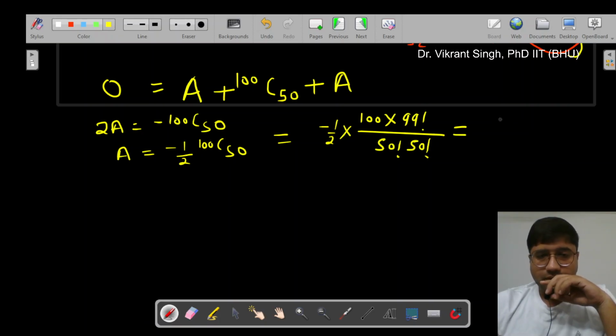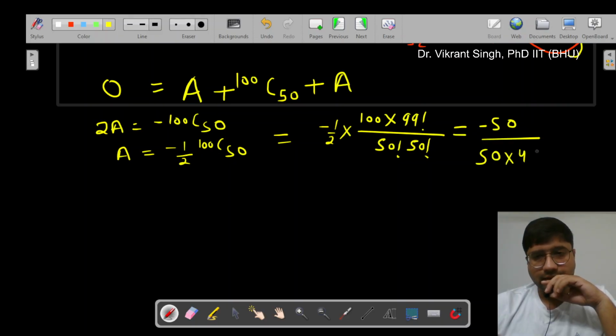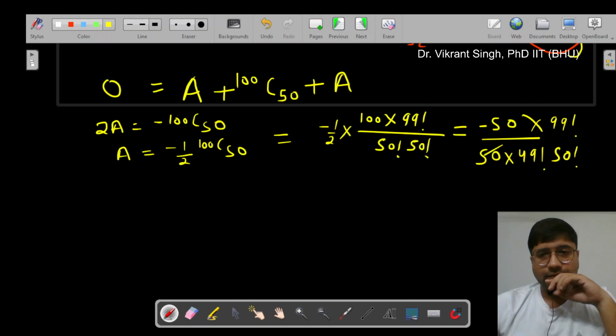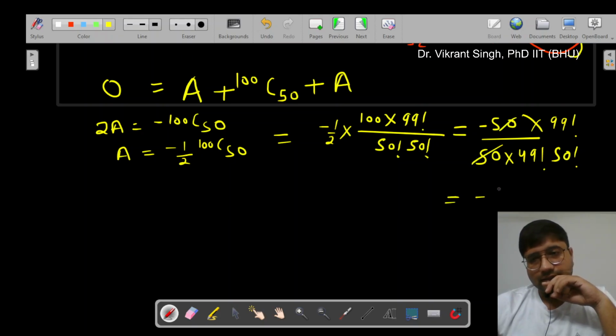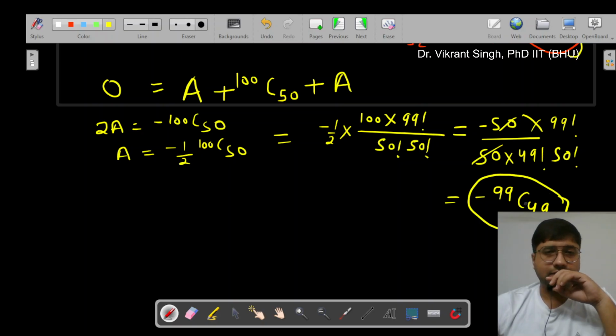We have to do the simplification. So this is 50, and we can write this as 50 into 49 factorial into 50 factorial into 99 factorial. So 50 gets cancelled out, and we can say that this is coming to be 99c49, and that's our answer.